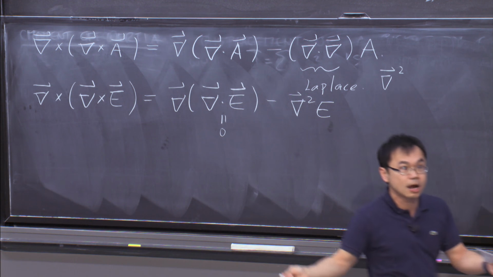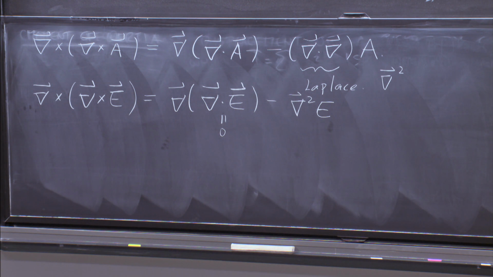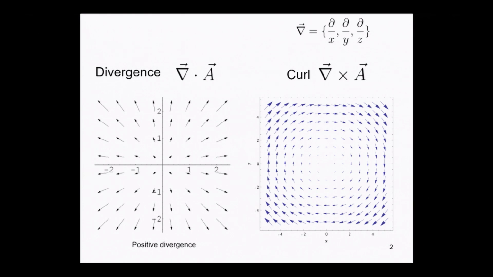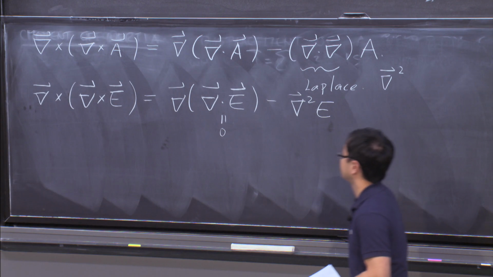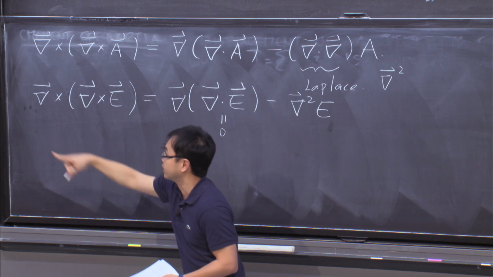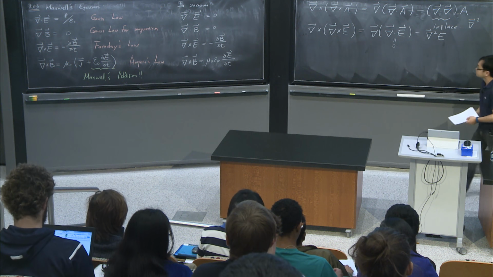Because I don't have charges around. Therefore, you cannot introduce a gradient or a divergence. You cannot introduce a positive divergence in the electric field. Therefore, when you evaluate the divergence of the electric field, that is equal to 0, according to Gauss's law.